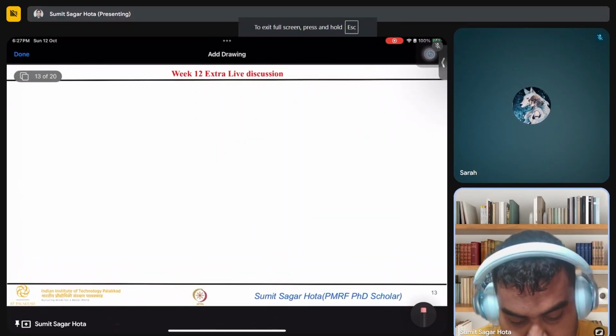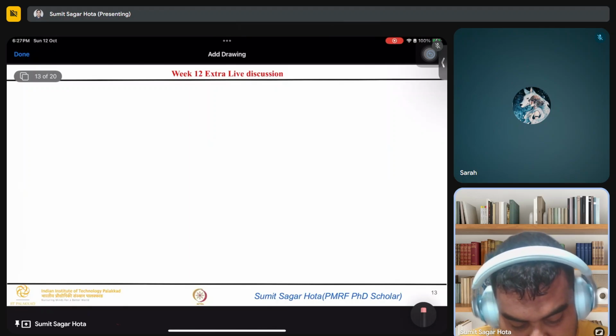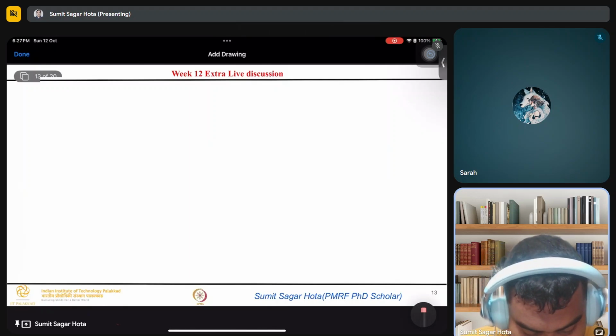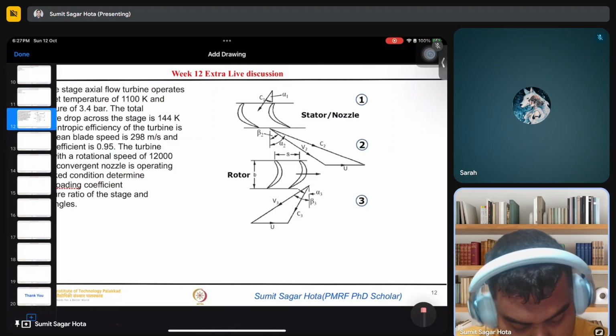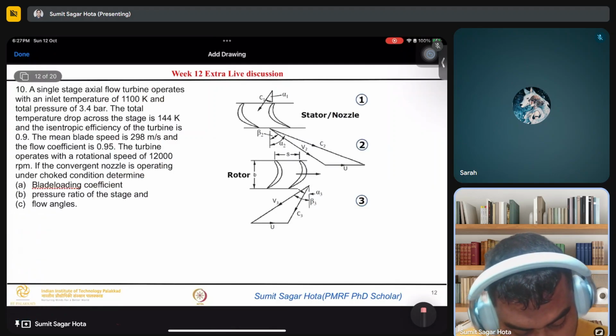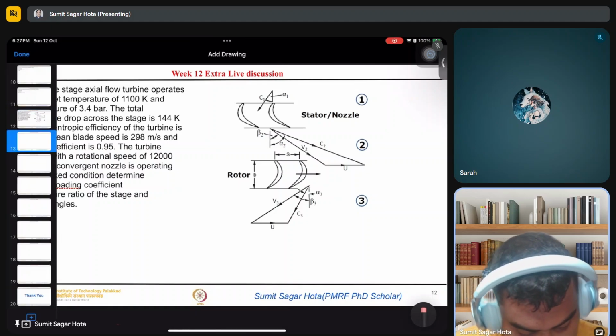So yeah, the first bit is the blade loading coefficient. Let's find that.